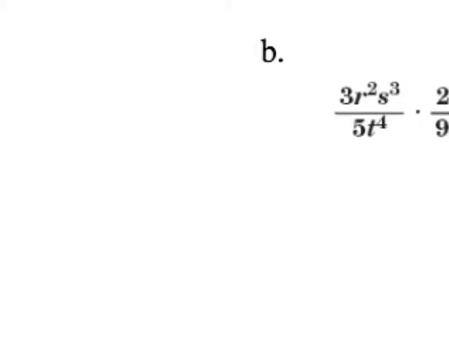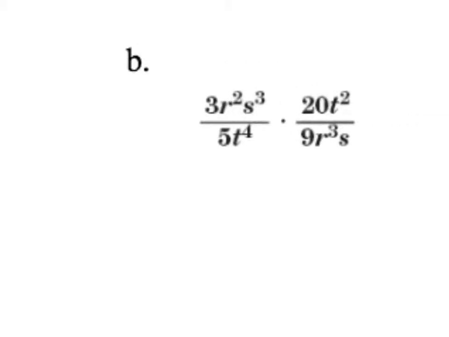For instance, ooh, that's really blurry, I apologize. I would probably simplify the 3 and the 9 right away, leaving just a 3 for myself here, and the 20 and the 5, leaving just a 4. Also, my R's are going to completely cancel out, leaving just 1 on the bottom here.